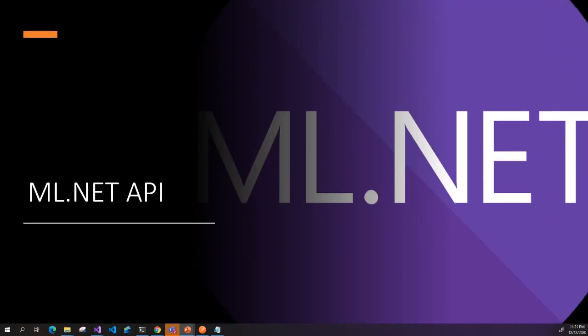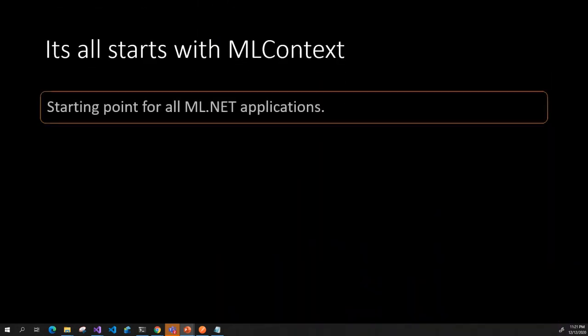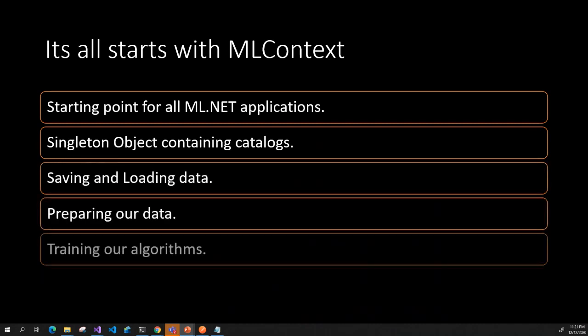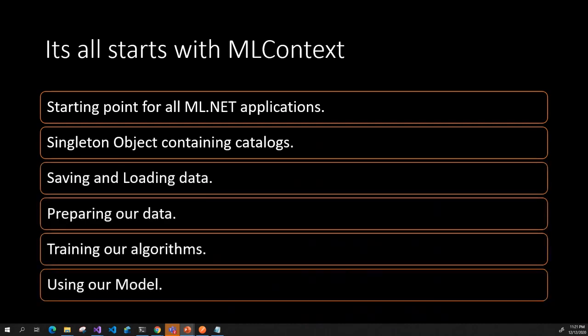All right, let's now start to look at the ML.NET API, which is a code-first option for generating and building custom machine learning pipelines and models. Each ML.NET application will start with an ML context object. This is a singleton object that contains something called catalogs.